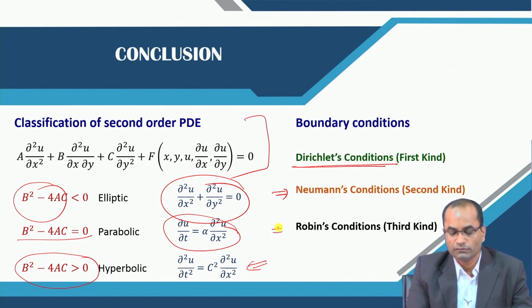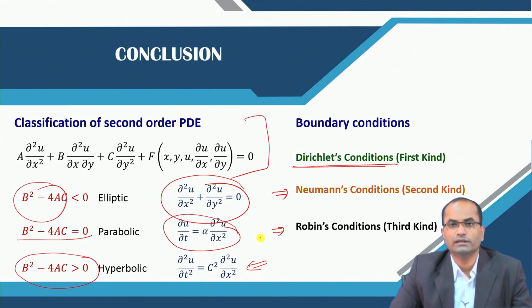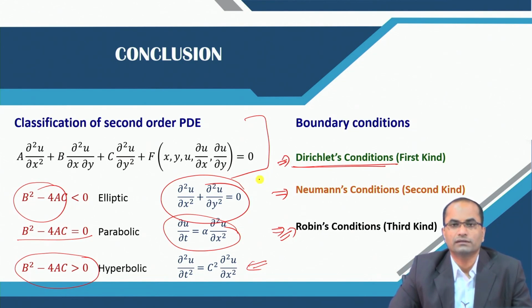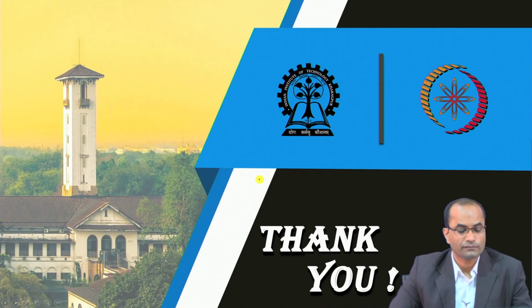The third one is the Robin's boundary condition, where the derivative of the dependent variable is prescribed in terms of the dependent variable again. This is the difficult one to handle from the solution point of view, and the Dirichlet conditions are the easiest.